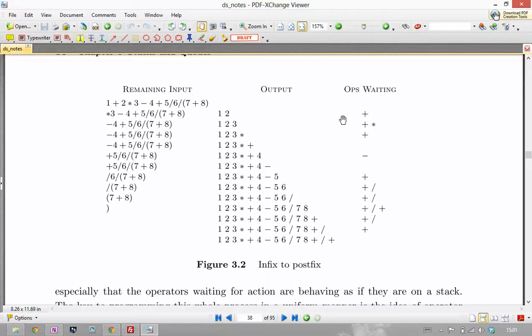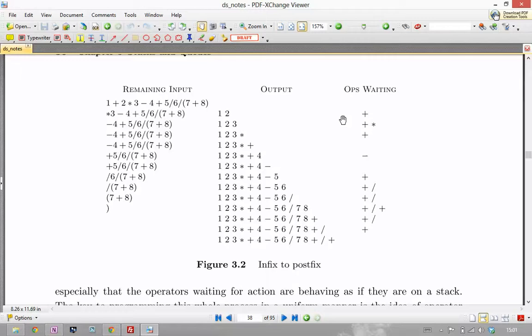Okay, so we get to the minus sign, and that has equal precedence to plus, but plus happened earlier, so it has to get executed first, so plus gets popped, and then we get to push minus, because there's nothing on the stack, and anything pushes onto an empty stack.